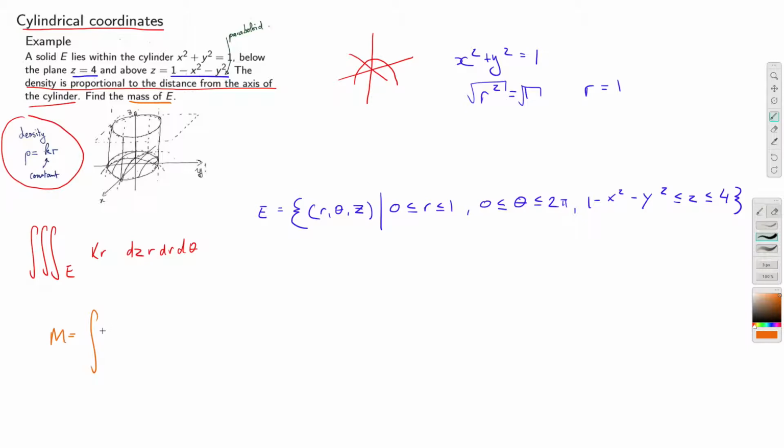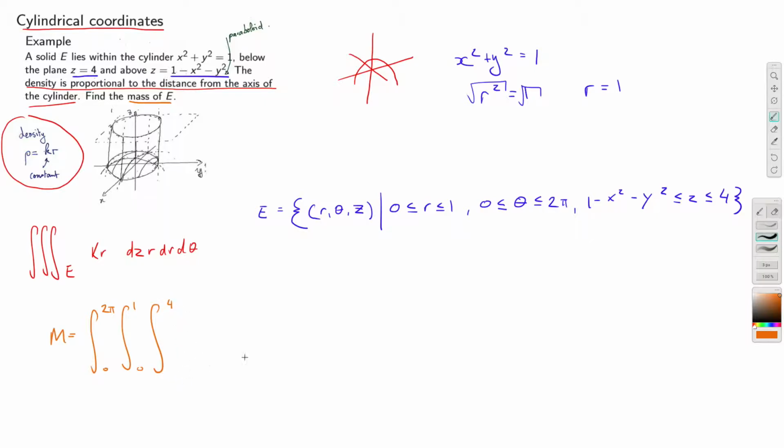You do theta first, so it's 0 to 2 pi. Then you do r, 0 to 1. And then you do z, which is, oh, you already screwed it up. 4 is the highest value.